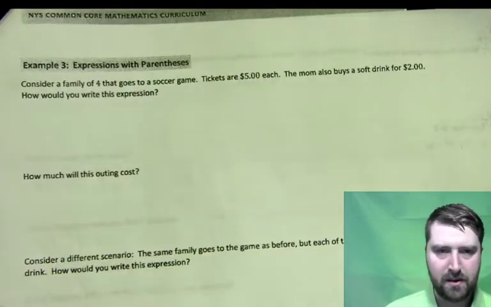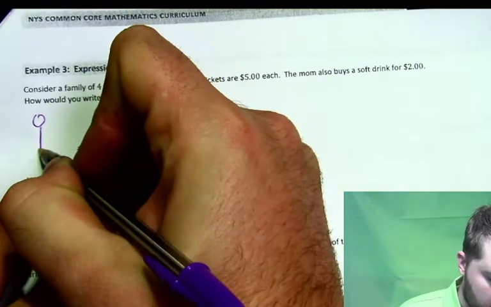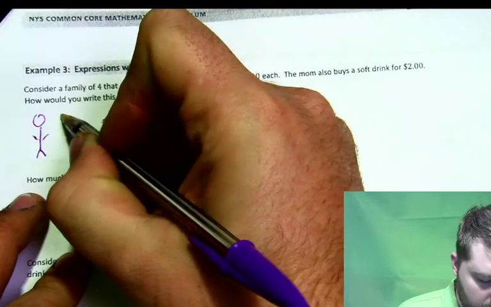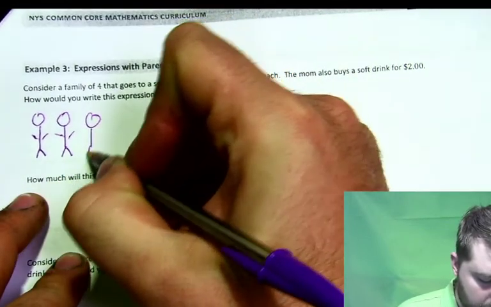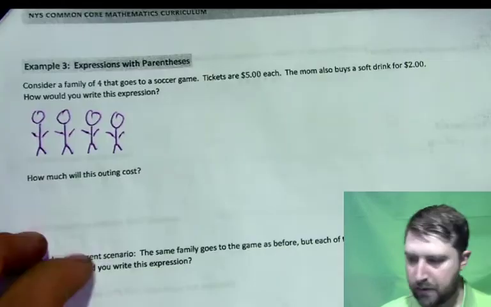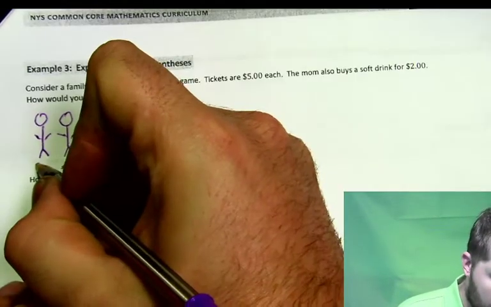So I'm just going to start with a picture here. We've got 4 people. So we have 4 people, and each of them needs a ticket, and each ticket is $5.